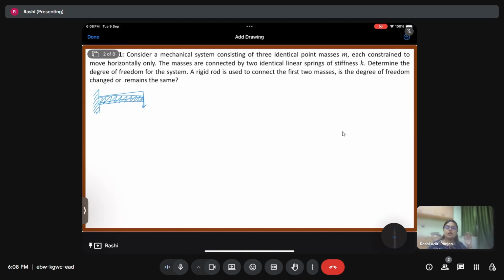This is actually a continuous system, and a continuous system has infinite degrees of freedom because it has infinite mass points. But we were modeling it as a 1 degree of freedom system, right?